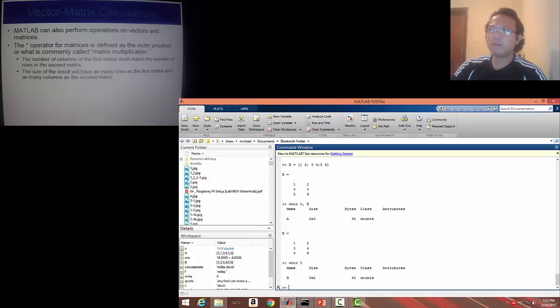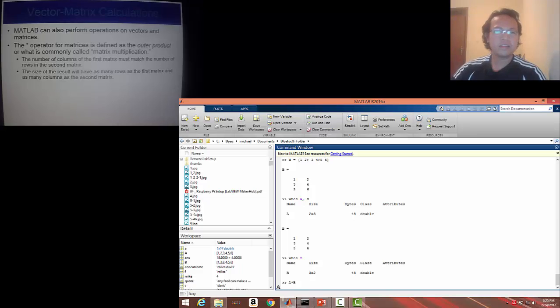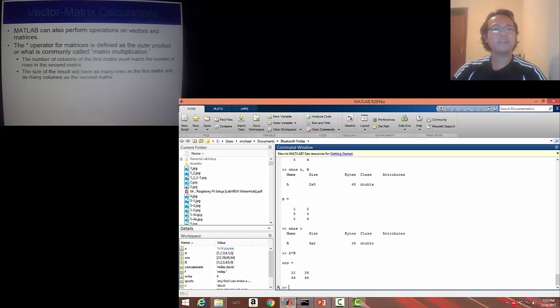Now, the number of columns of the first matrix, this is row, this is column, must be equal to the number of rows in the second matrix. So if you do A times B, that is possible. Let's do that. Here is the answer.